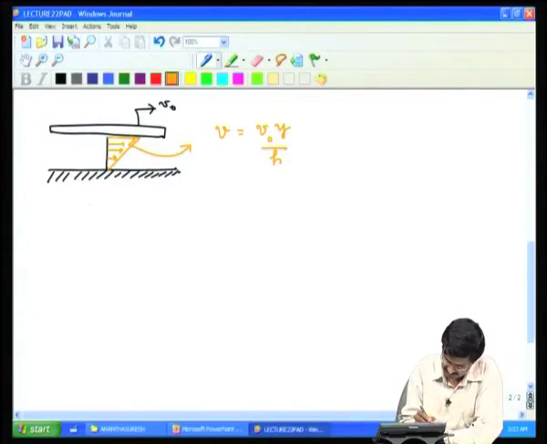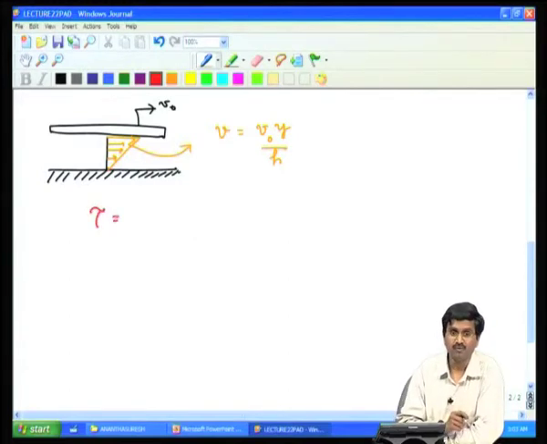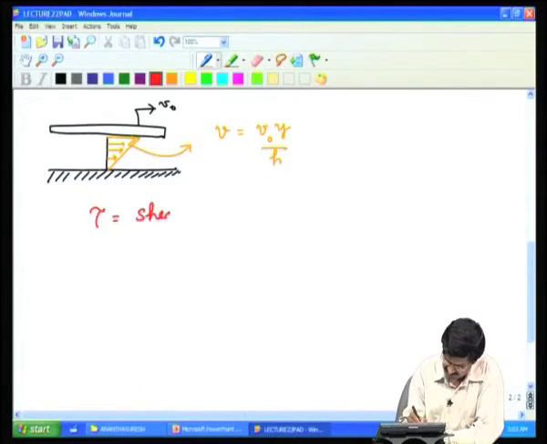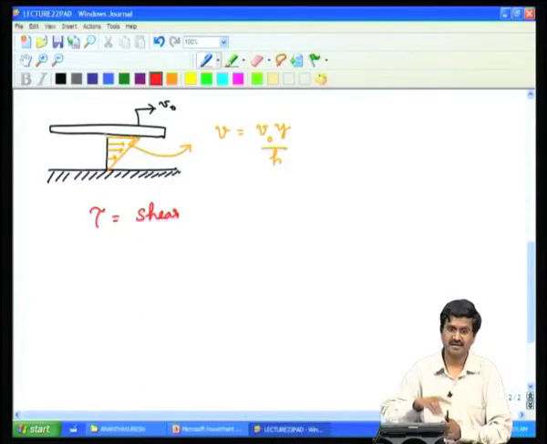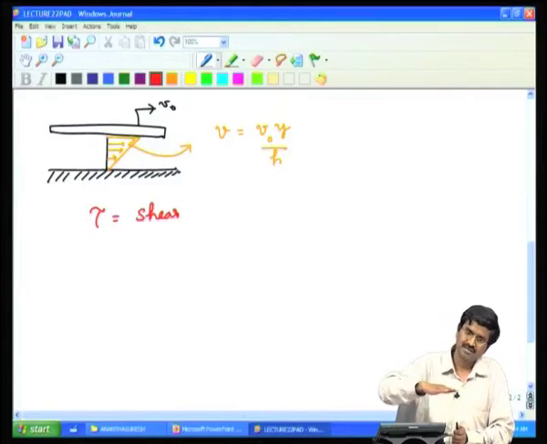Now, we have to consider the force, or we call it shear, because if this plate is in a water tank and you try to move it, there will be some force that it feels.